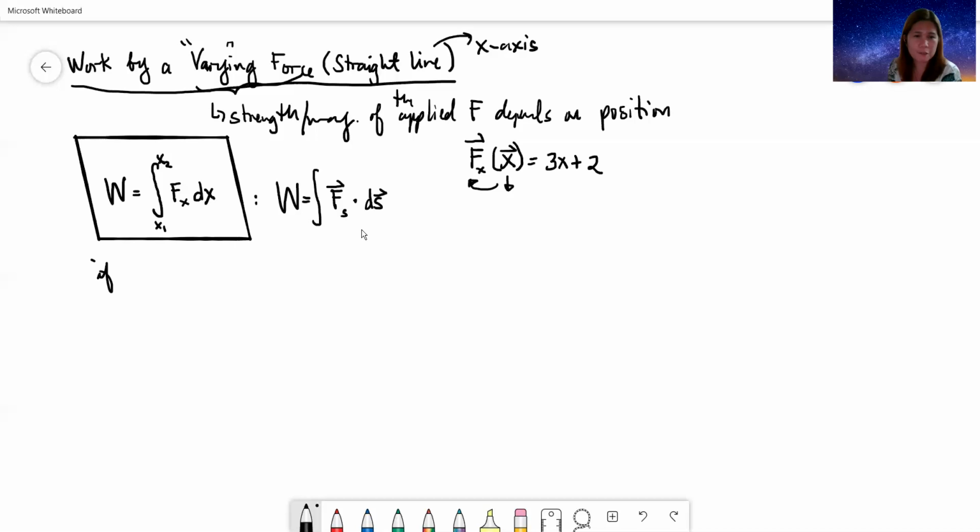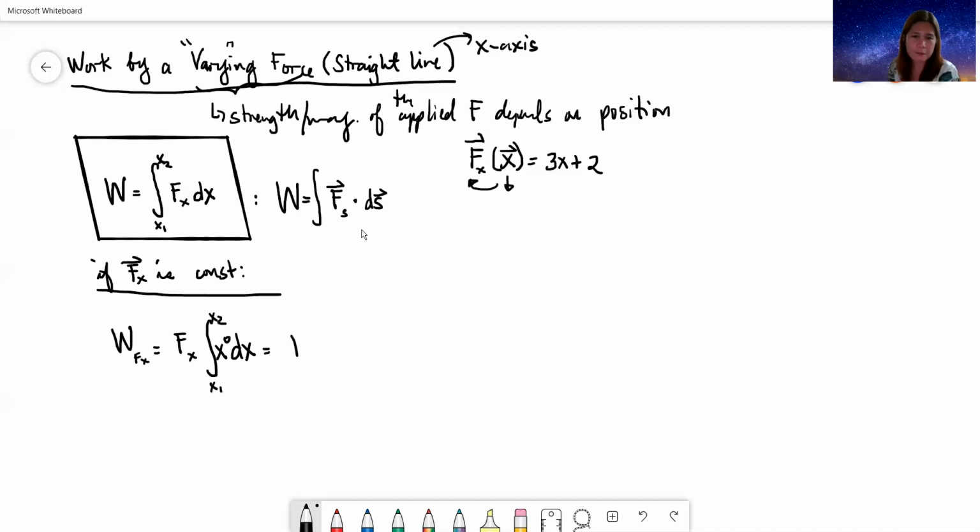Now, what if Fx is constant, like the first case we discussed? It's not varying. You learn in your integral calculus that the constant should be taken out of the integral. So the work done by that Fx is equivalent to, we take Fx outside, and what remains is of course dx, since there is an invisible x to the 0, from x1 to x2.